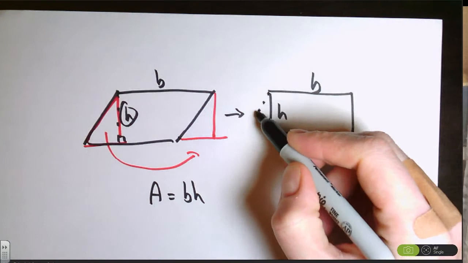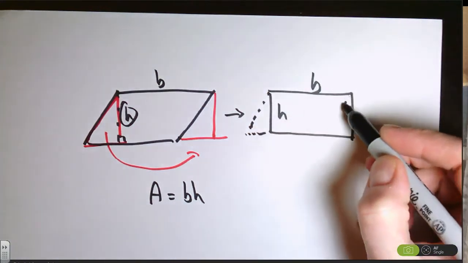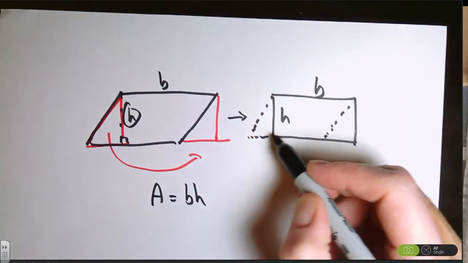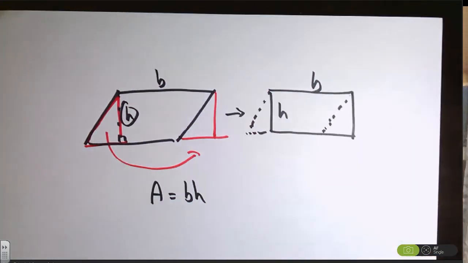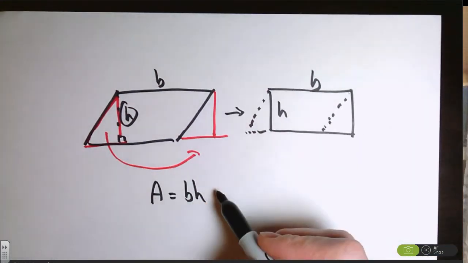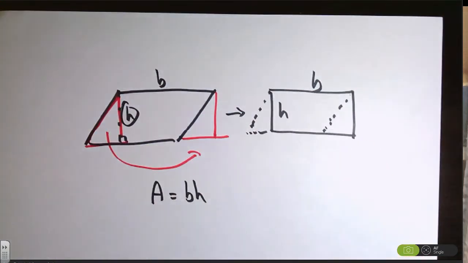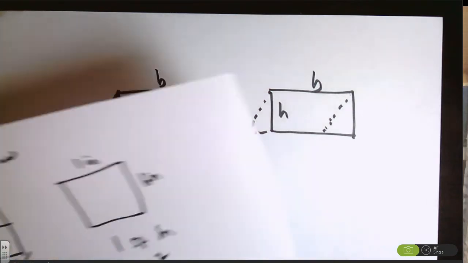So really that triangle would have been originally over here, and we'd see a diagonal through here. And there's our parallelogram, which will really turn into a rectangle. So area of a parallelogram is area equals base times height, because it's really just a rectangle.